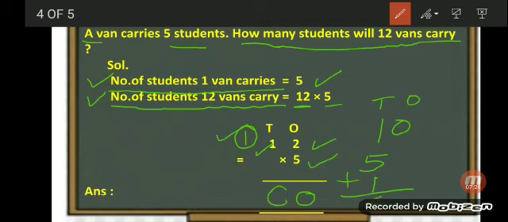So here we will write 6. What is 60? 60 is the total number of students that 12 vans can carry. So it will be the answer, and you will write here as answer, 60 students.